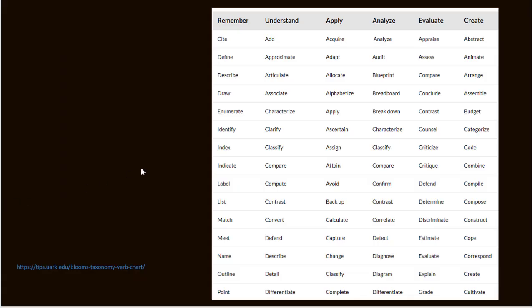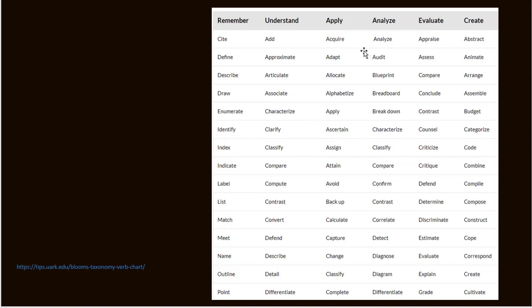Next, we'll look at sample verbs from the different levels. So notice at the remember level, which is the lowest, the simplest, we have cite, define, identify, etc. Often it's remembering, it's listing. The next level, understand: add, convert, classify.